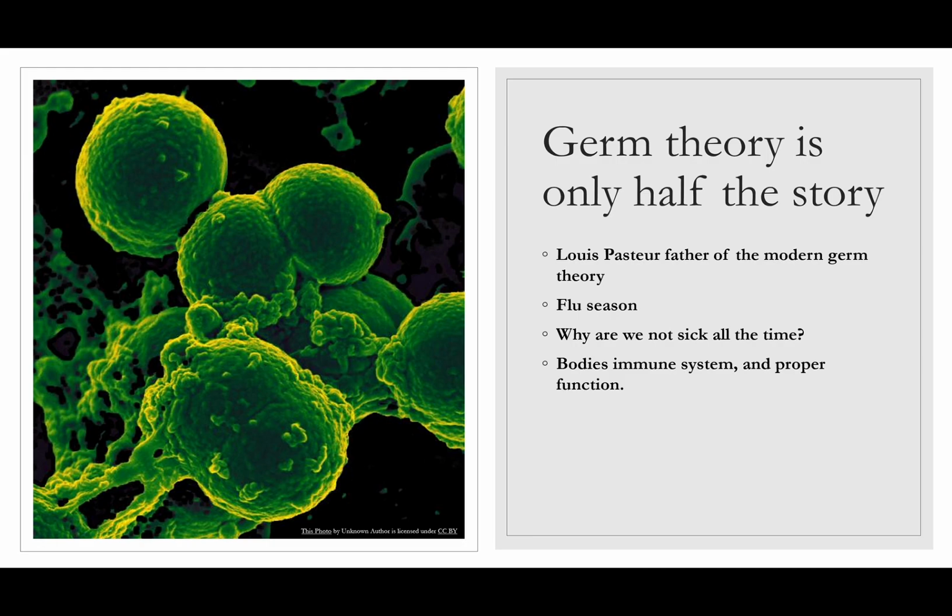So unless we are supplementing it, we will be depleted by the time we get into December, January, which is conveniently when the flu season hits. So our immune system plays a very important part in our ability to adapt and to fight off these pathogens that are literally on us and in us at all times.